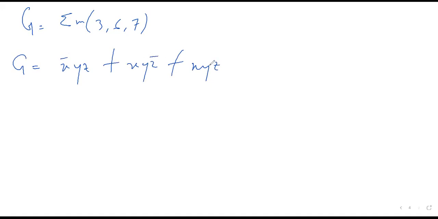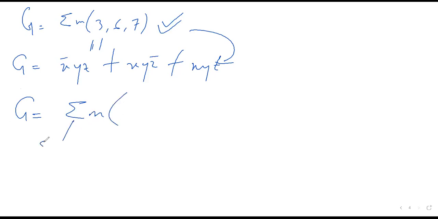These are 2 different notations for the same function. How do you go from this to this? What we have here is a summation, a sum of small m, min terms.